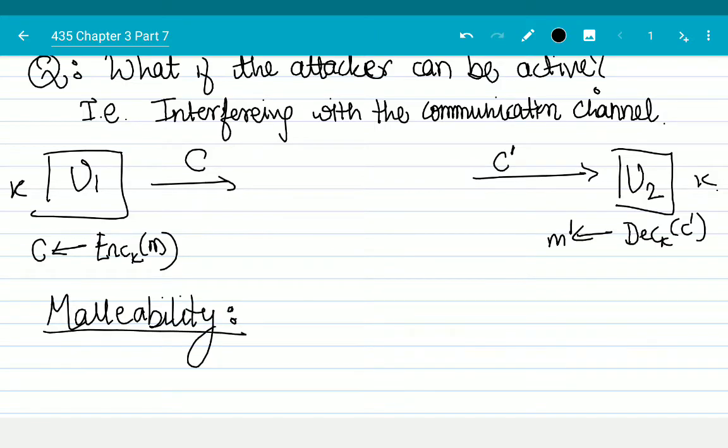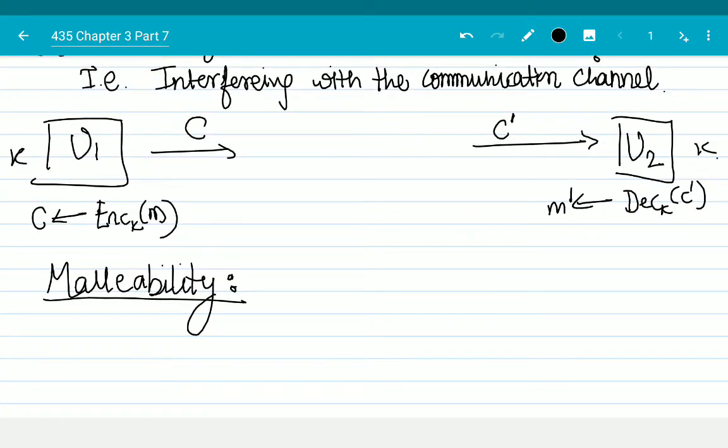Malleability. What is malleability? Informally, again, the definition is in the book, but for now I'm going to go with the informal definition.